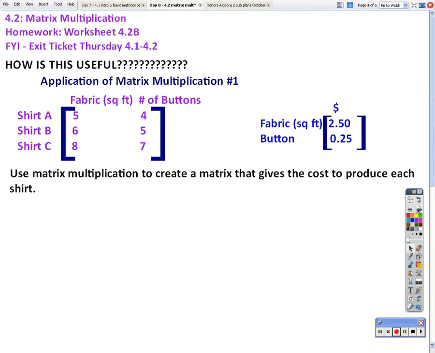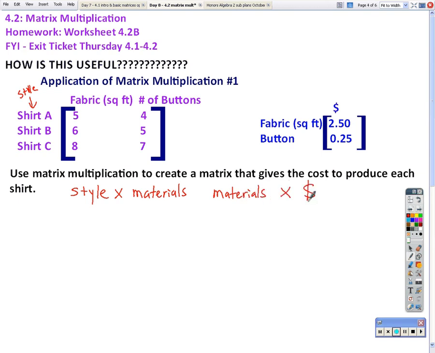So our first matrix gives us style. So we have style by, we'll say, fabric and buttons is materials. Now, our second matrix gives us the materials by price.